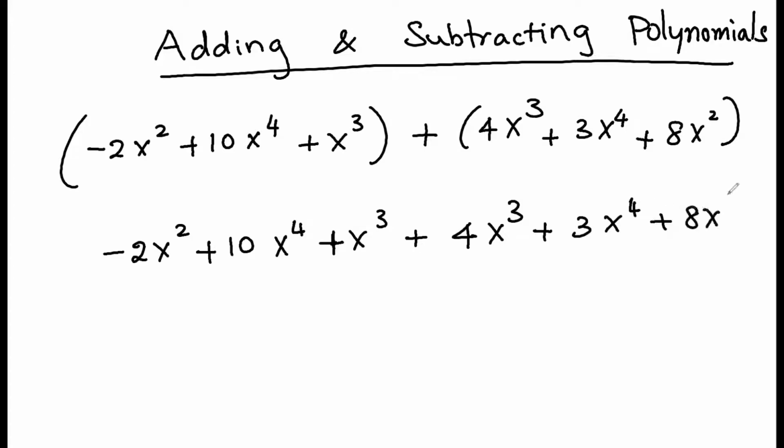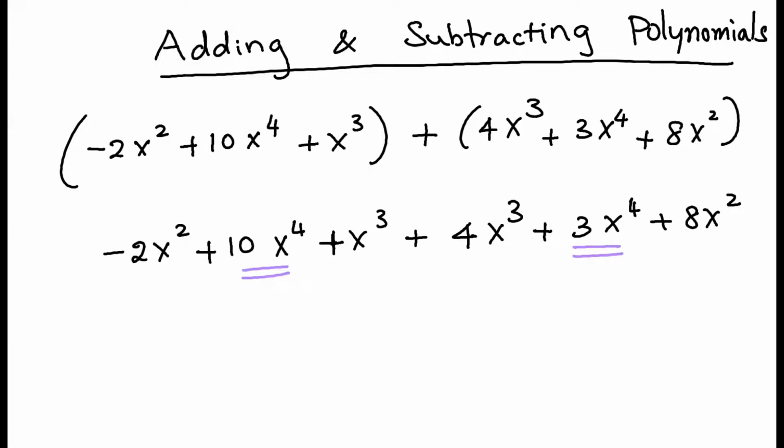So once the two polynomials are written this way, then we are going to combine what are called like terms. What do we mean by like terms? Now, if you look at the polynomial, there are many terms, but we do see some terms with the same exponent. For example, we have 10x to the power of 4, and there is another 3x to the power of 4. So we can add these two terms.